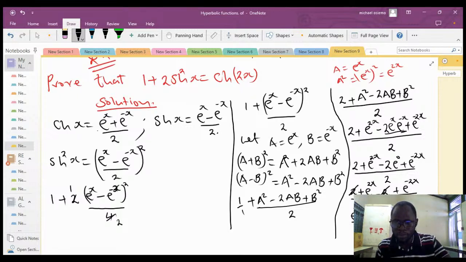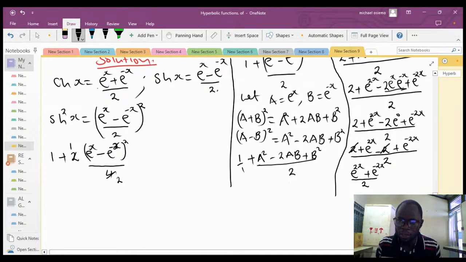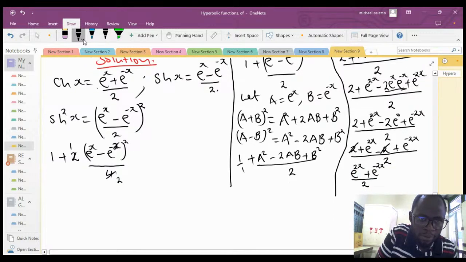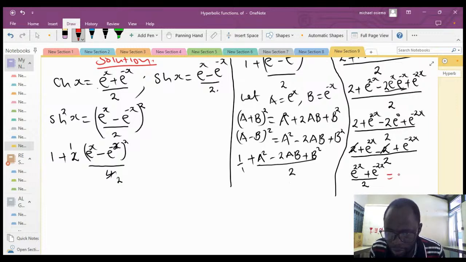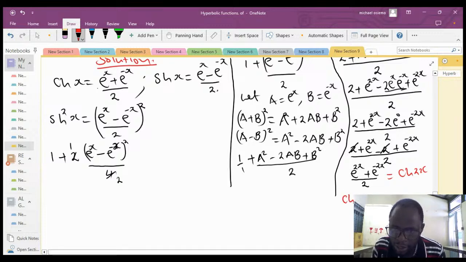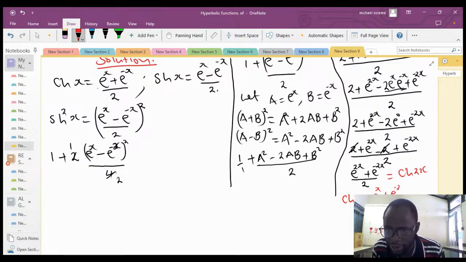Now, we need to understand how we define CH of x, so that we see whether this one will be equal to CH of 2x. Let us see how. We know that CH of x is equal to exponential x plus exponential negative x over 2. So the denominator of this function is not affected.